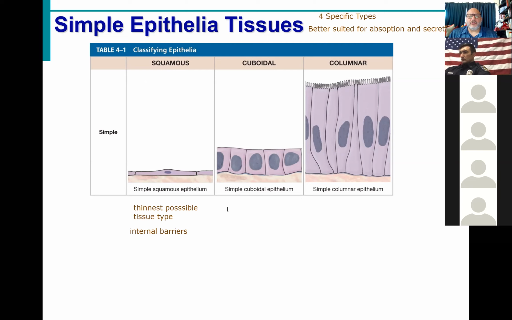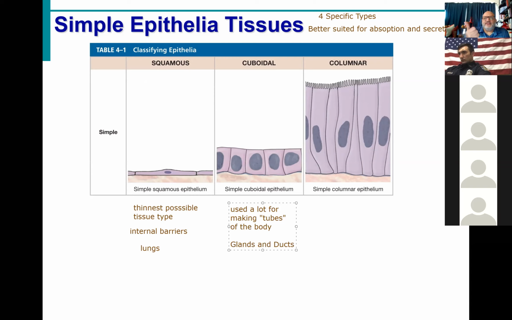Simple cuboidal is a very important tissue that is used a lot for making the "tubes" of the body, and I'm putting that in quotes. By tubes in this case, what I'm really talking about are glands and ducts.